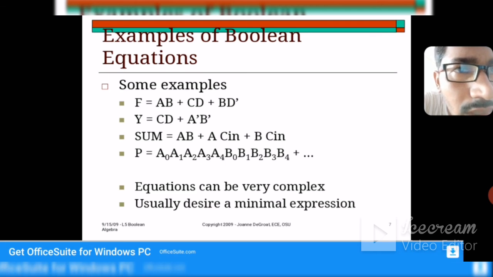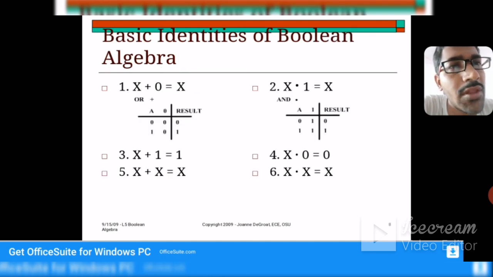P is equal to A0, A1, A2, A3, A4, B1, B0, B2, B1, B2, B3, B4. These are examples of Boolean expressions. Equations can be very complex, and usually a minimal expression is desired. So these are examples of Boolean algebra expressions.